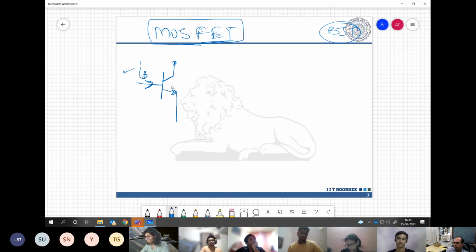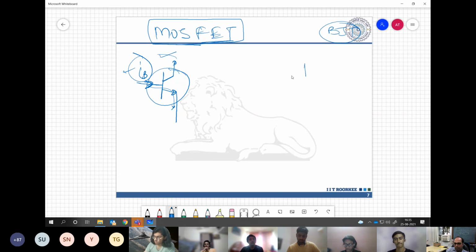So this is what is driving this device into on state or off state and so on. So when you have continuous current flowing always into some device, obviously there are some power losses associated with that. And because of some other reasons, these devices are also slow in nature.